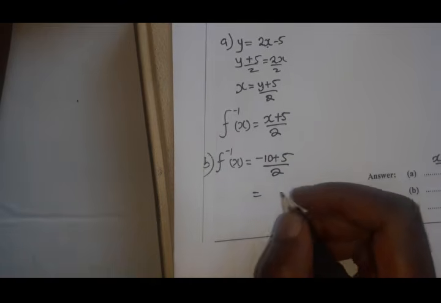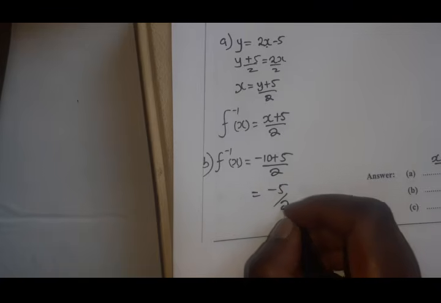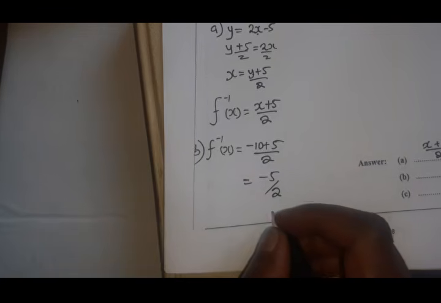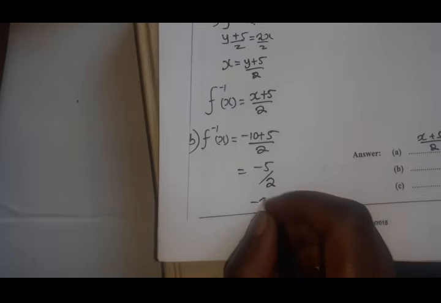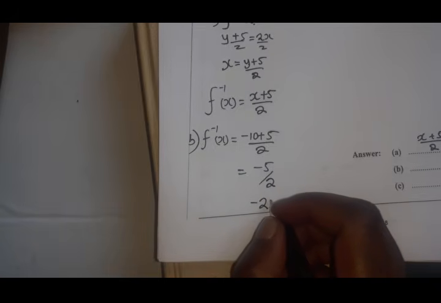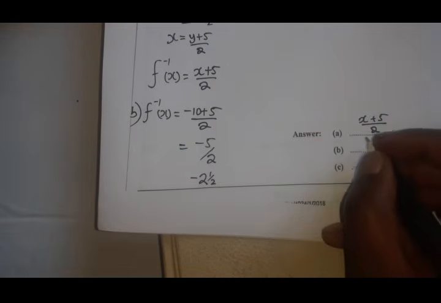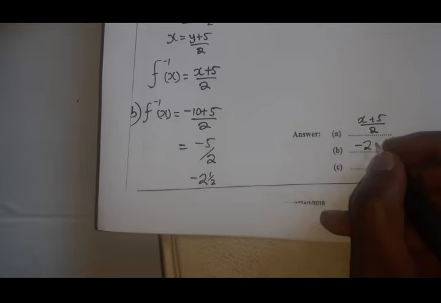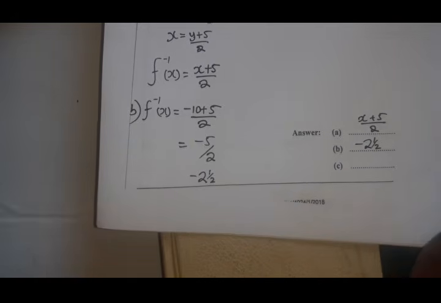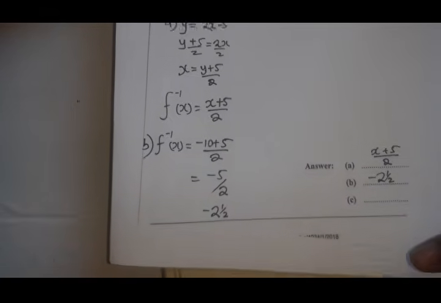So this gives us negative 5 over 2, which could be negative 2 and 1 over 2, or negative 2.5. So here we're going to have negative 2 and 1 over 2. That's what we're supposed to get.